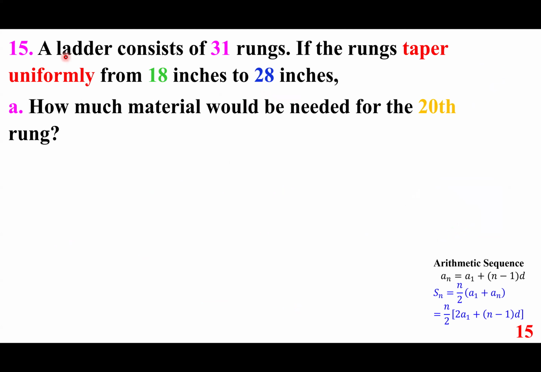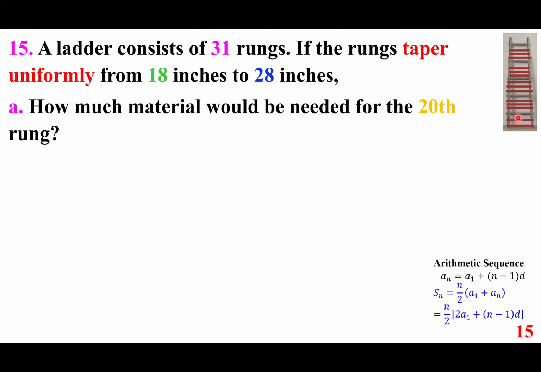A ladder consists of 31 rungs. If the rungs taper uniformly from 18 inches to 28 inches, how much material would be needed for the 20th rung? So first, what are we talking about? We're talking about a ladder, okay?